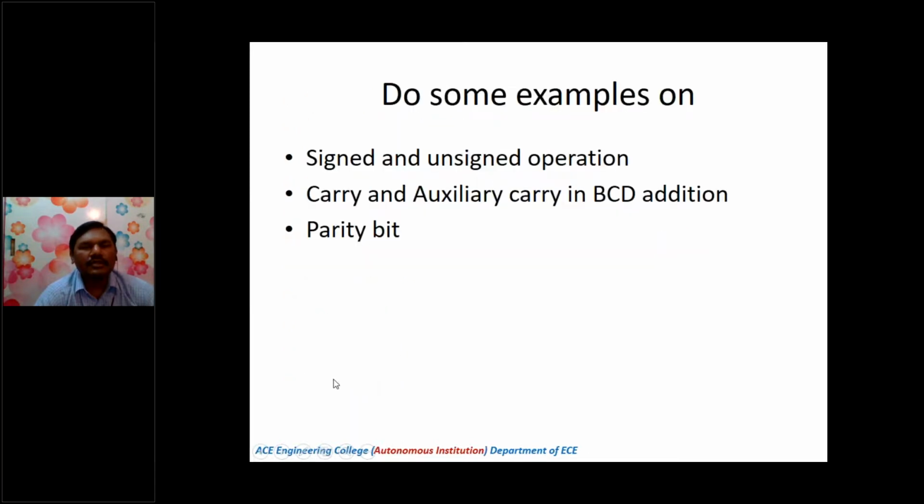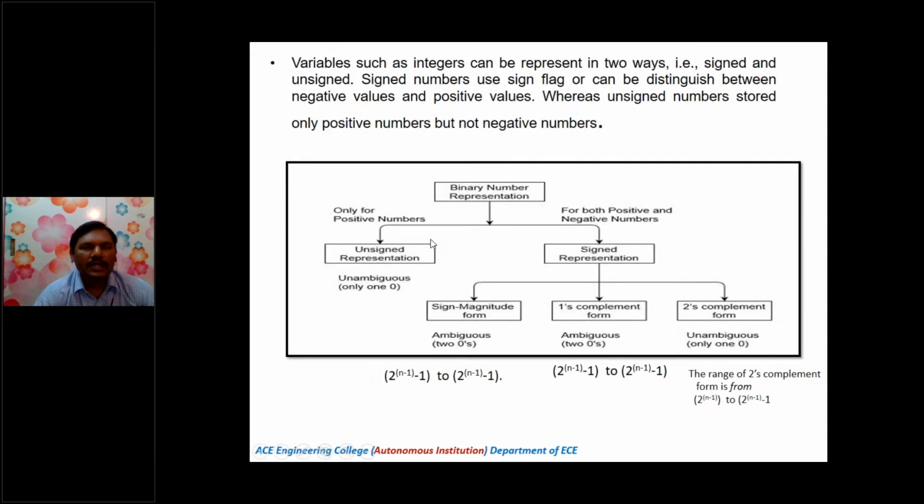Here we should have some knowledge of signed and unsigned operations, carry and auxiliary carry, and the parity bit. Binary data can be represented in unsigned representation and signed representation. In unsigned representation, the data values are positive numbers only, from 0 onwards.